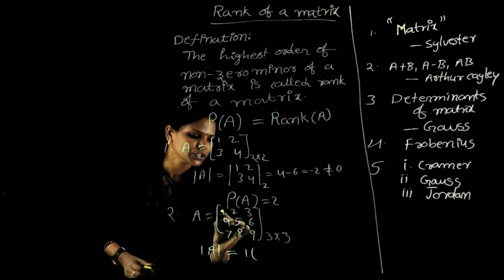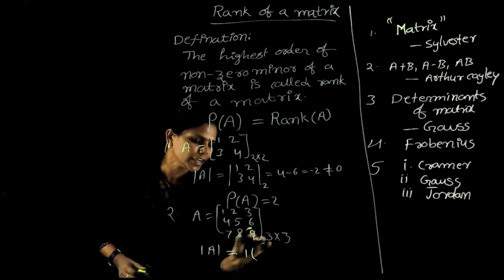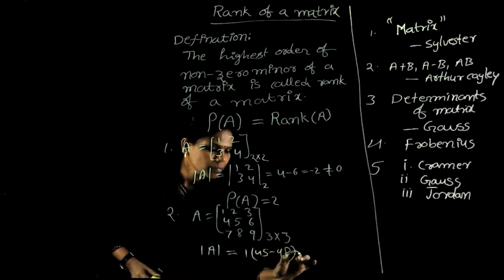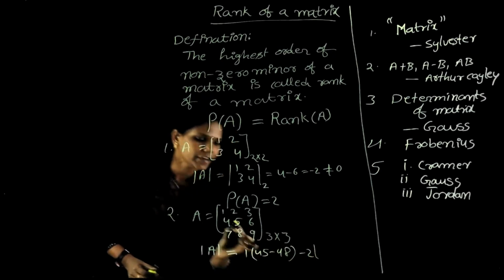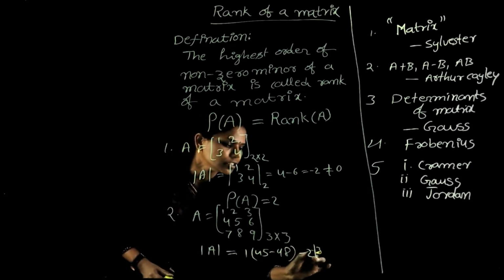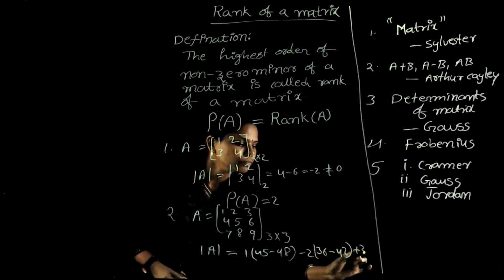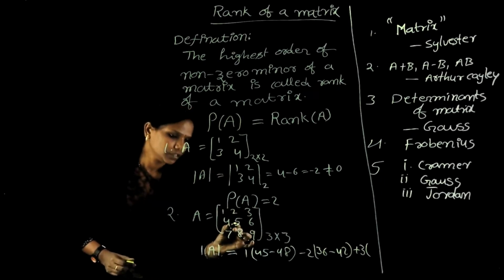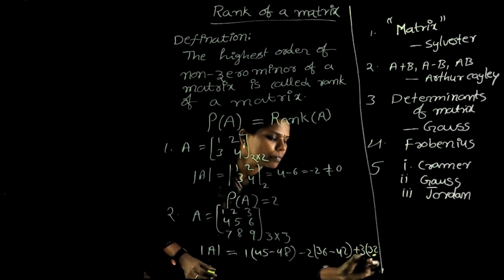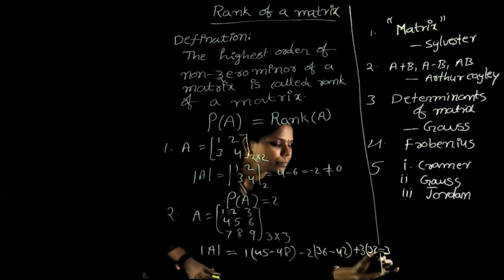Here I am taking the first row: 1 into the determinant of submatrix 5, 6, 8, 9, which is 45 minus 48, minus 2 into the submatrix 4, 6, 7, 9, whose determinant is 36 minus 42, plus 3 into the submatrix 4, 5, 7, 8, whose determinant is 32 minus 35.